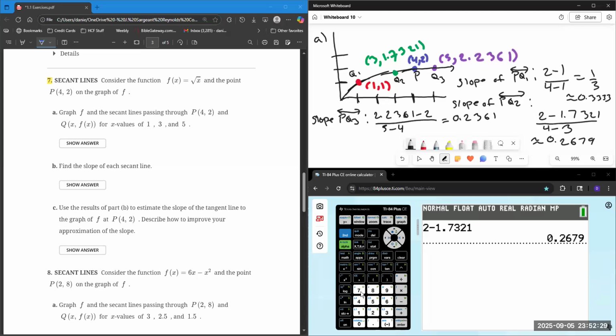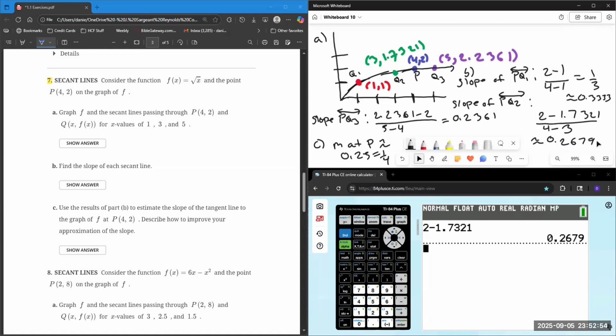So something between 0.2361 and 0.2679. These all were part B. Part C says that I think that the slope at point P is approximately 0.25 or 1/4.